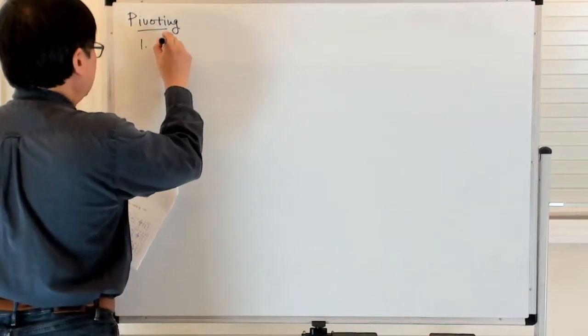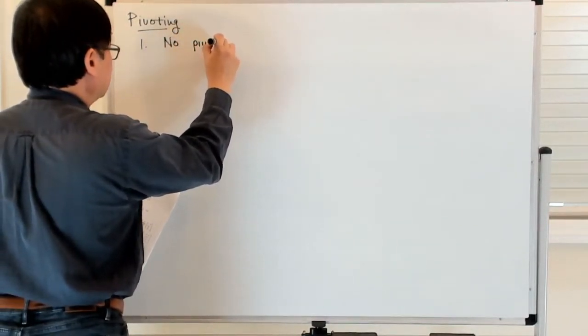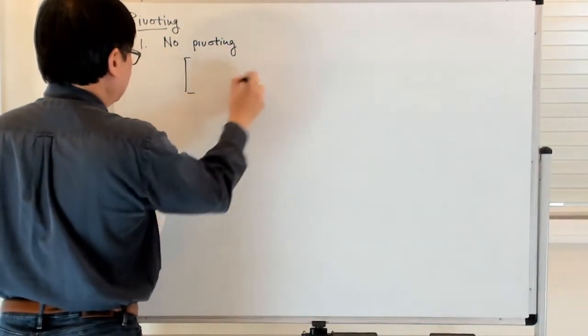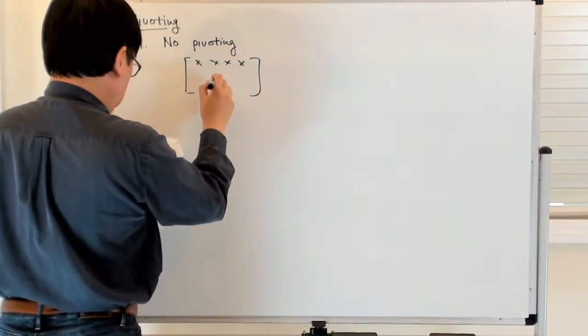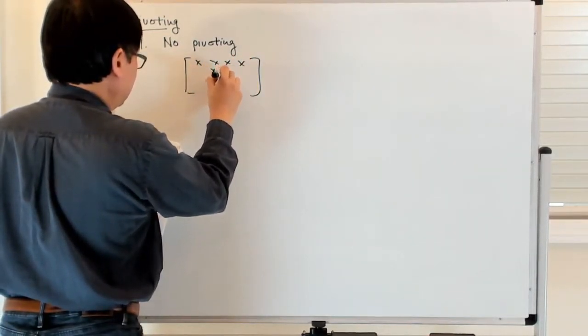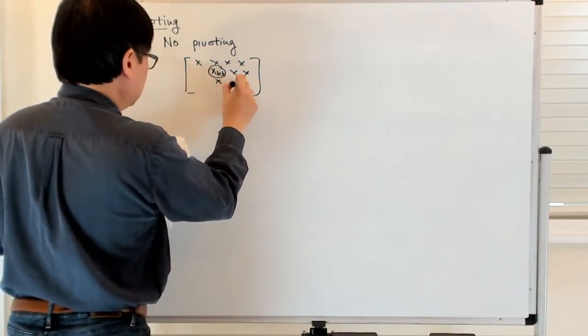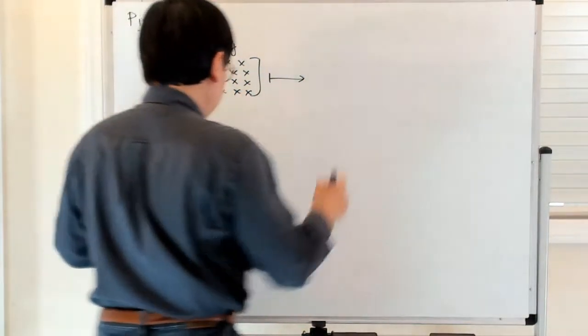The standard one is no pivoting. If you have some sort of matrix, and then you have a term here, you transform it.